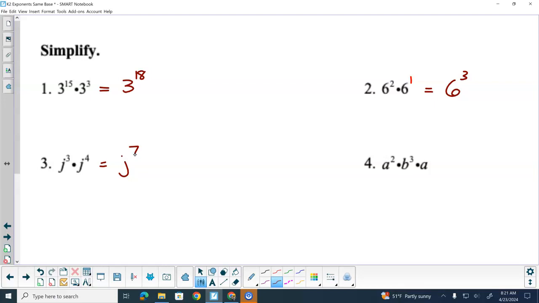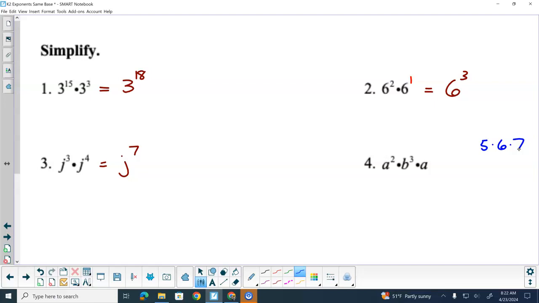Can we rewrite it? Because does order matter in multiplication? Meaning, if I multiply 5 times 6 times 7, I'm going to get 210, right?